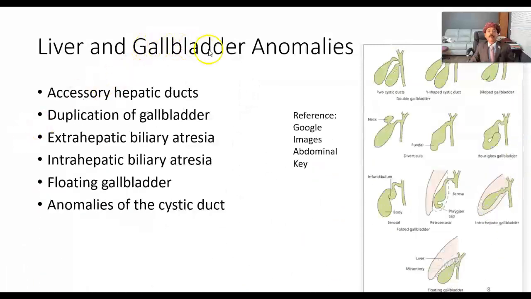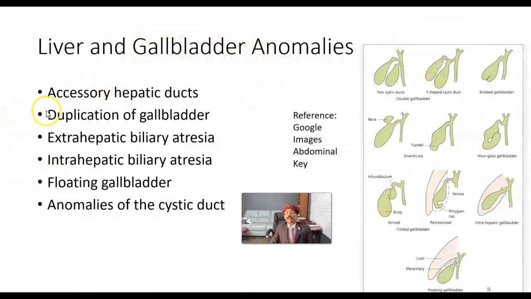Okay, liver and gallbladder anomaly. There may be multiple anomalies we might have. Usually the liver has no anomaly. Accessory hepatic duct is very common. Sometimes it may open directly into the gallbladder. Okay, it is present in the fossa for the gallbladder and it opens into the gallbladder directly. Duplication of the gallbladder is not uncommon.